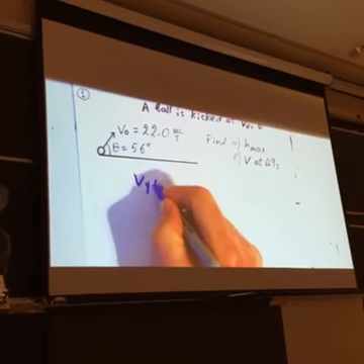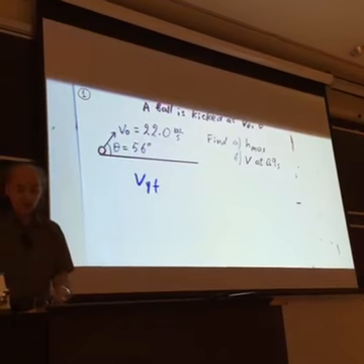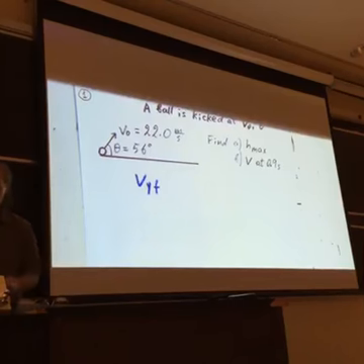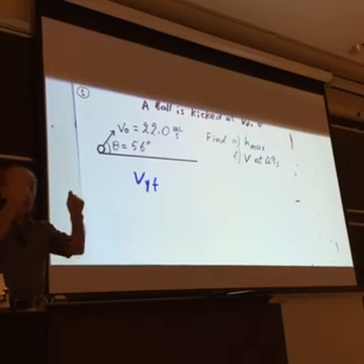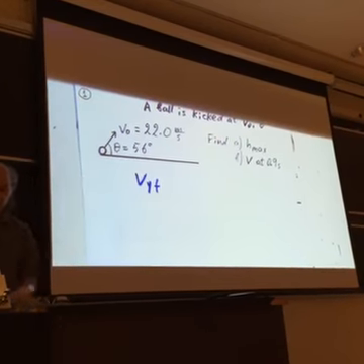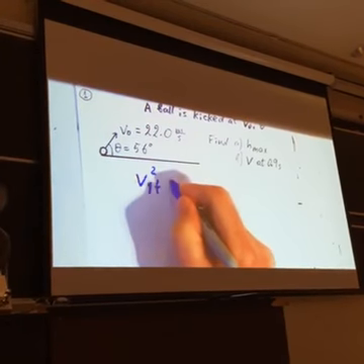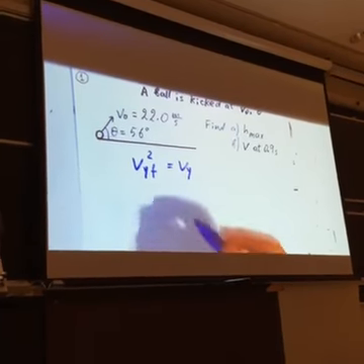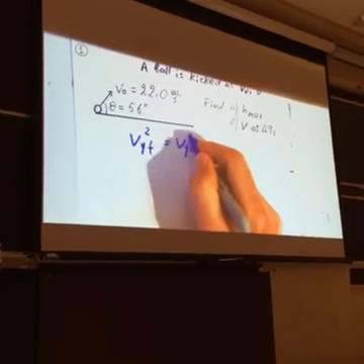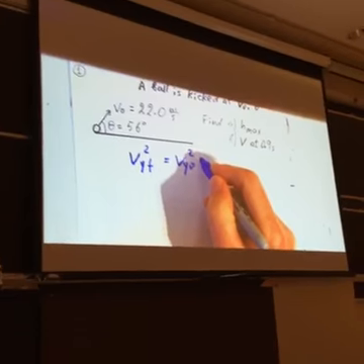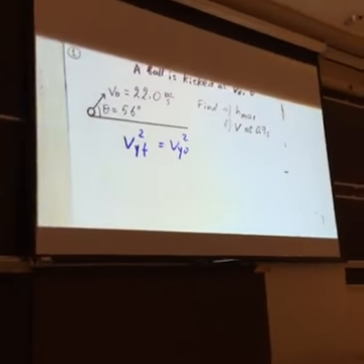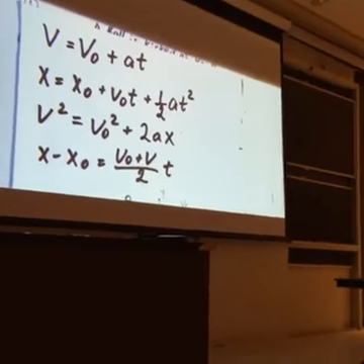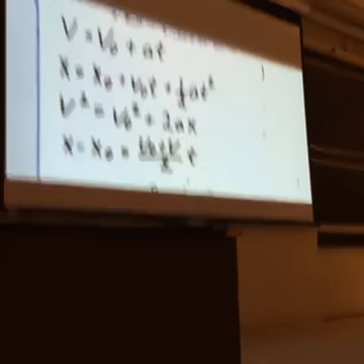I'm considering the motion from start to the highest point. My final velocity is the velocity at the highest point. V final squared equals v0y squared plus 2 times acceleration times distance traveled. First of all, I'm considering the vertical component.